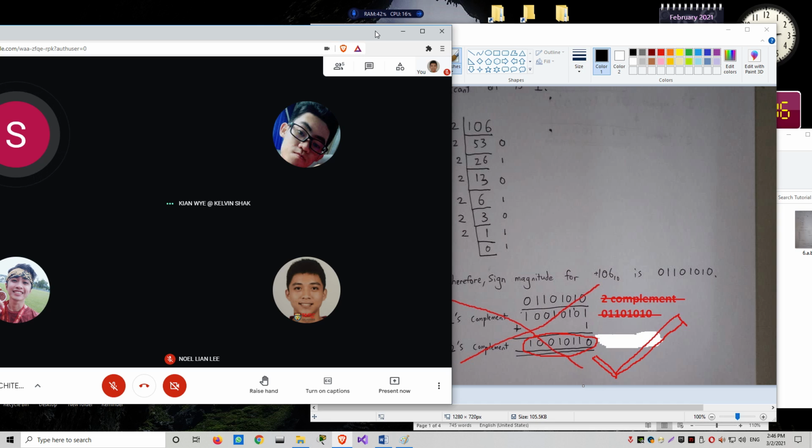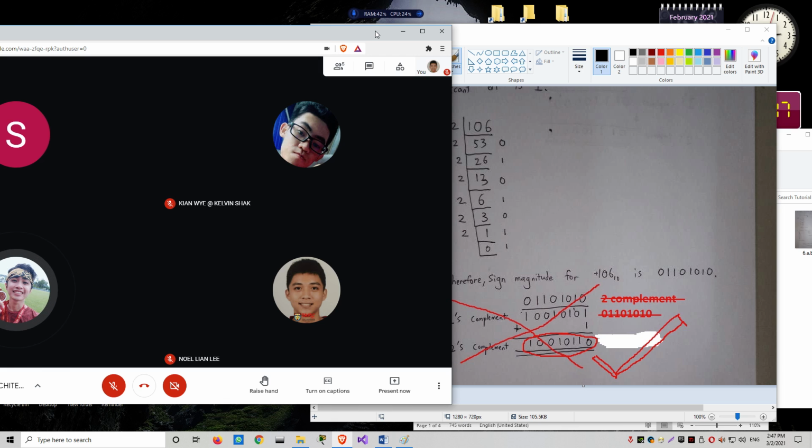The data representation. This is the normal way. Data representation, unsigned. You go to the signed. Okay, so this is the second. I didn't share my screen yet.